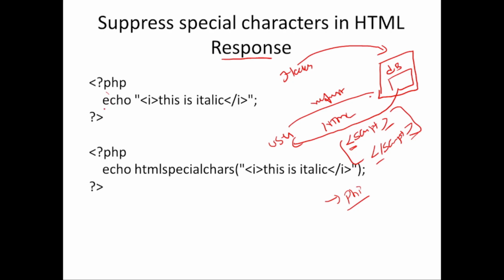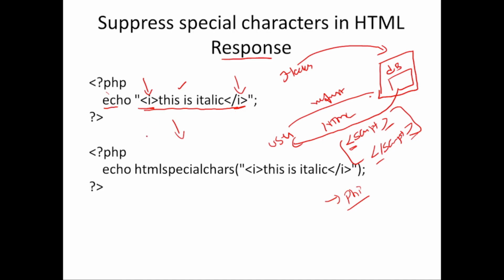Say I'm writing a response with echo, and this is the content I'm going to write back to the client. Now the browser, when it looks at the content, sees these things as HTML tags. So it's not going to display these tags. Instead, it's going to display the text in italics because these are HTML tags.